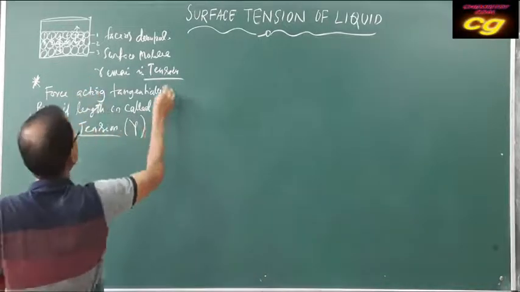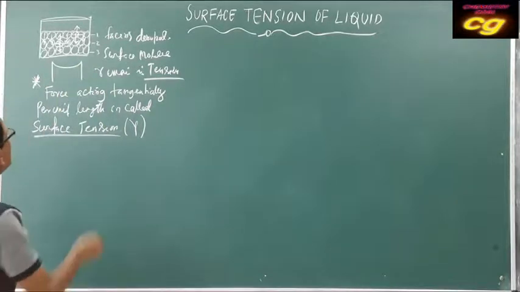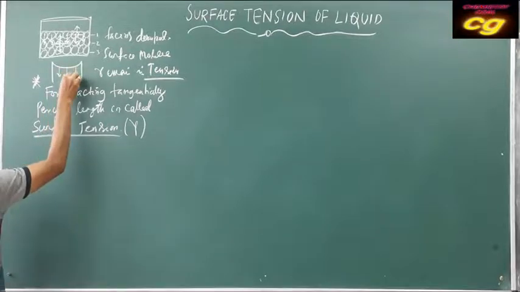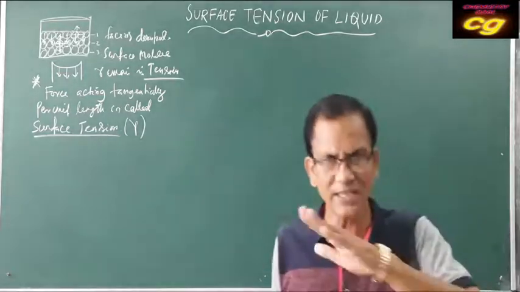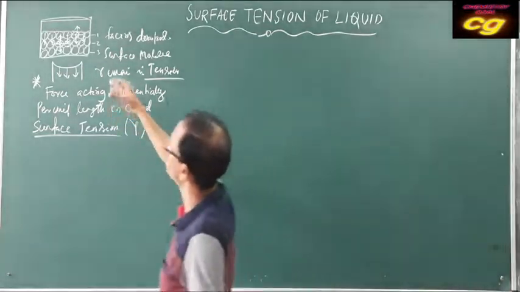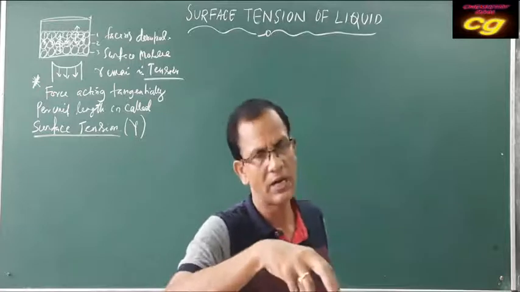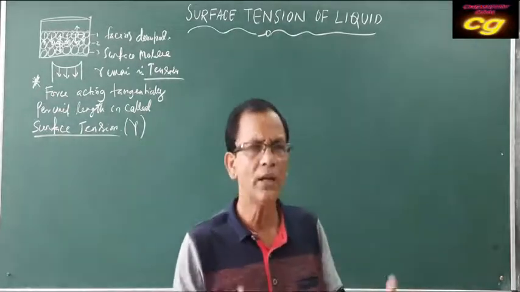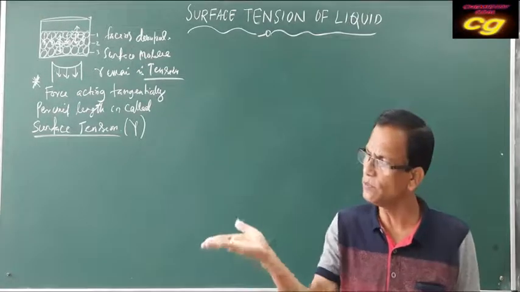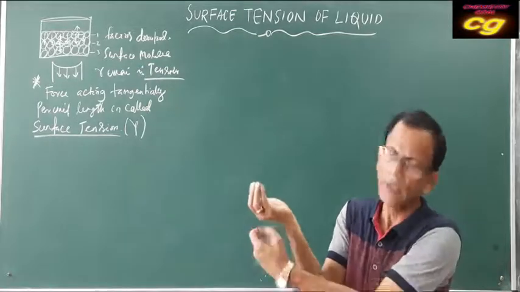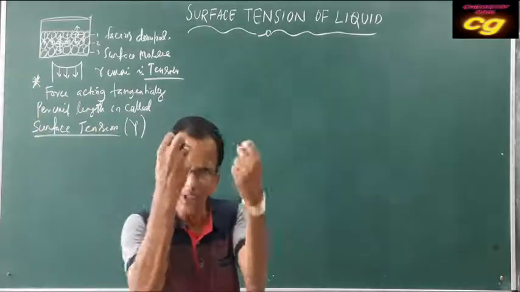It is a very simple example: if you take a cloth and put some weight at the middle of the cloth, it will be pulled downward. It will not stay straight like this, it will sag like this due to the weight. Similarly here, due to the downward pull, the surface molecules are pulling downward.